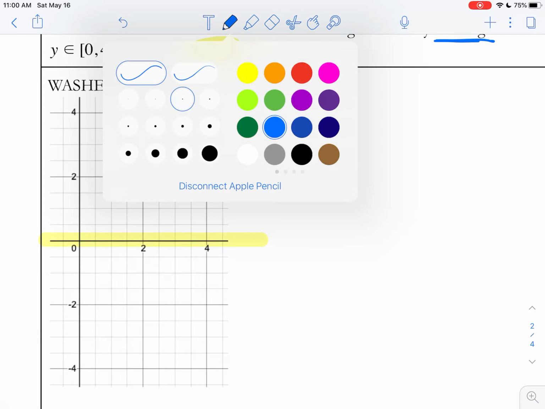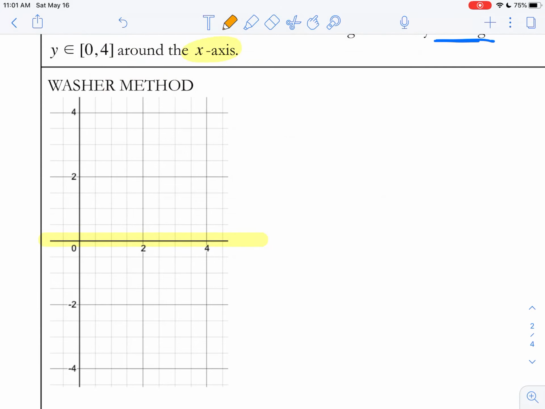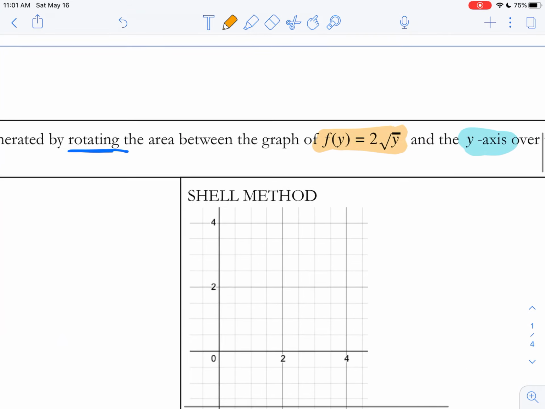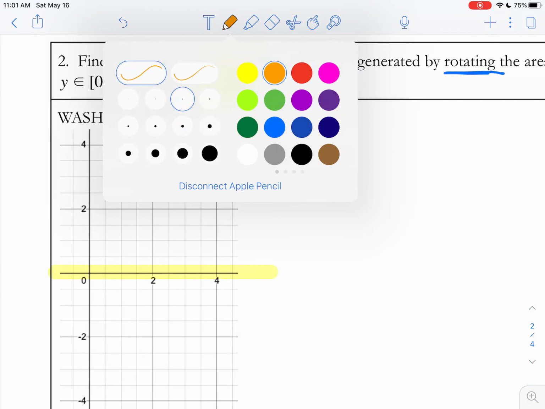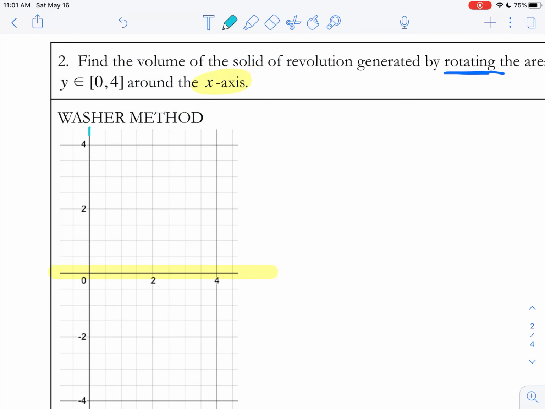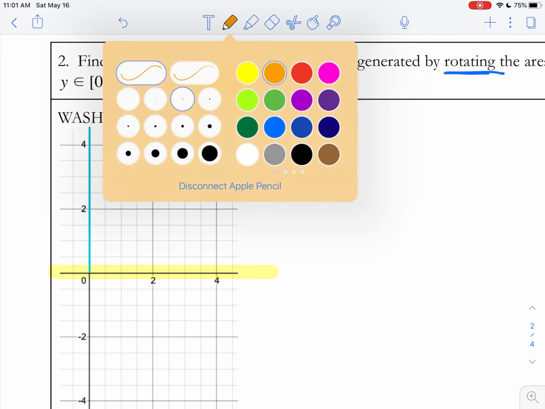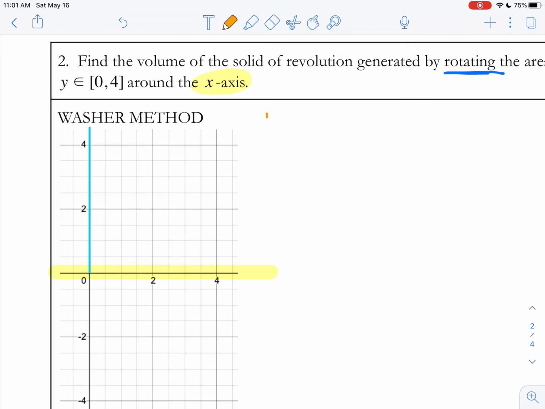I know that my graph of the y-axis is going to be in the light blue, so I can draw that right here. Okay, and then I have this graph f of y equals 2 times the square root of y.